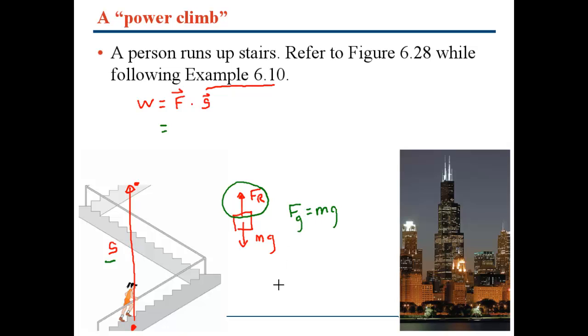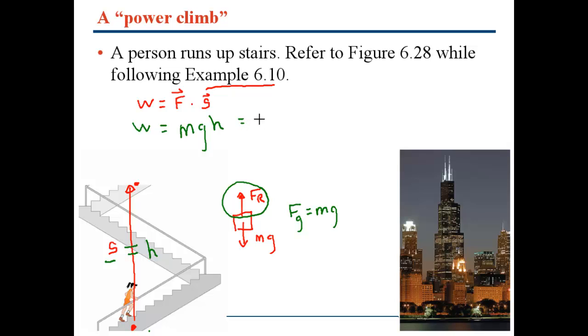This is the force of the runner, constant velocity, so mass times gravity. And rather than use an s, the book actually gives you a height, so s is equal to some height. Mass times gravity times height is how much work she had to do to run up the stairs.